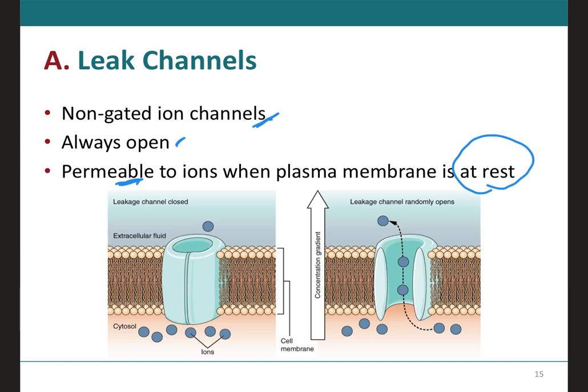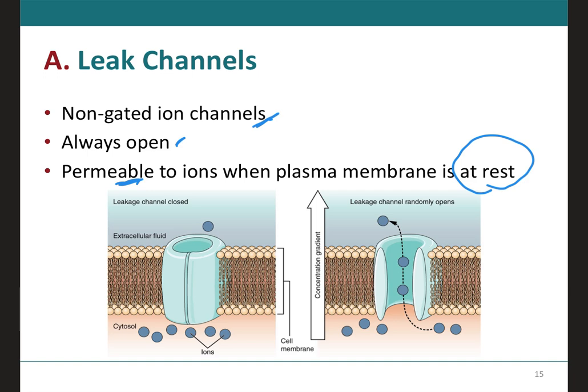And the number of each type of leak ion channel in the plasma membrane will determine the permeability characteristic of the resting plasma membrane to different types of ions, meaning that the plasma membrane is more permeable, for example, to potassium ions and chloride ions, and much less permeable to sodium ions, because the membrane has many more potassium and chloride leak ion channels than sodium leak ion channels.